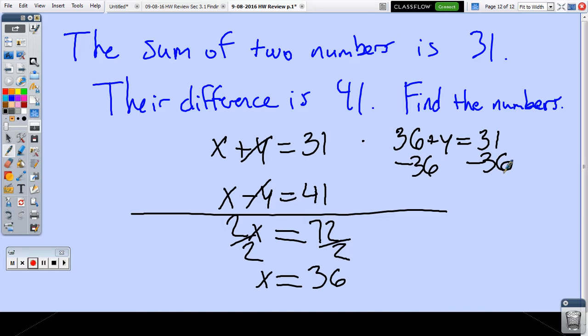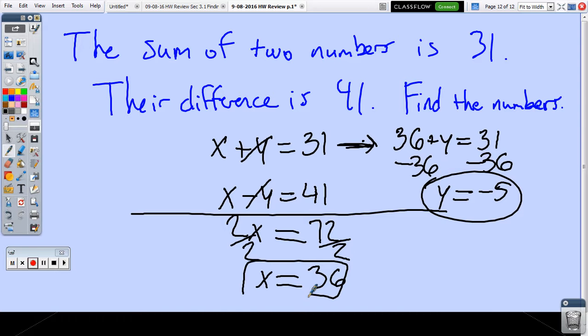There we go. And let's circle our solutions. Make it clear for the teacher to grade. Why would you not circle that? That's the other number. It said find the numbers. It didn't say find the smaller number. There you go. Awesome.